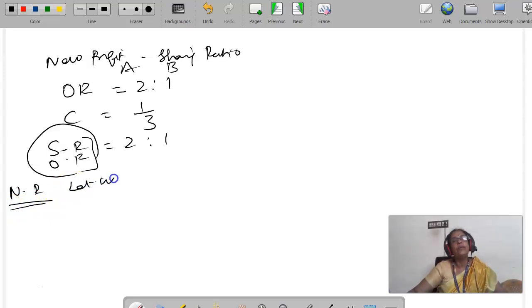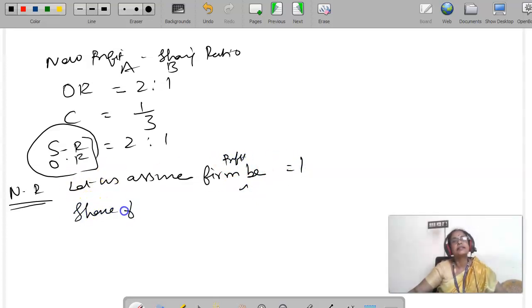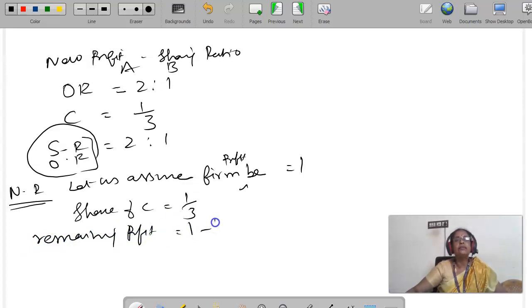Let us assume the firm's profit be 1. Then share of C is 1/3. So remaining profit is 1 minus 1/3, that is equal to 2/3.